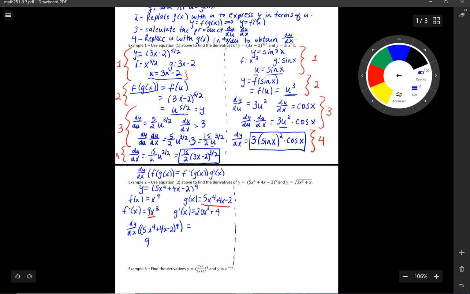So this will be 9 times (5x to the power of 4 plus 4x minus 2) to the power of 8. So this is f prime of g of x. So again, I replaced wherever I saw an x in f prime with g of x. And then I multiply this by g prime, which is 20x cubed plus 4.